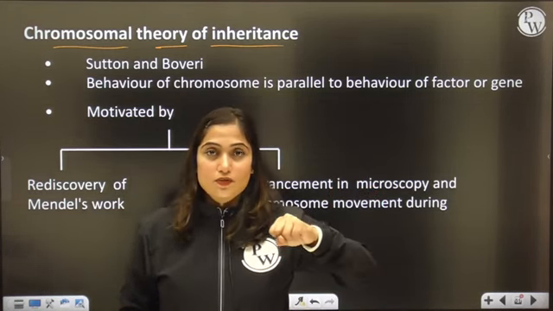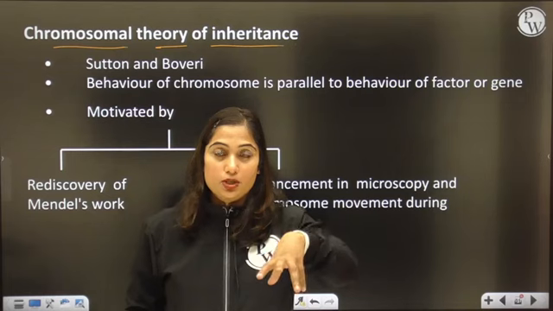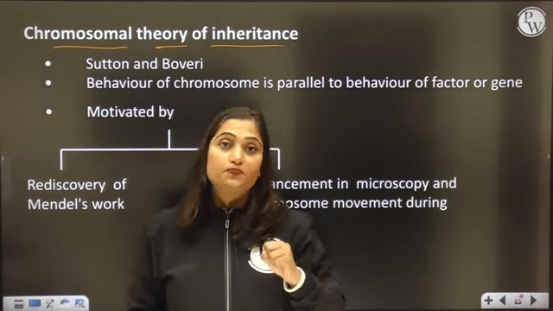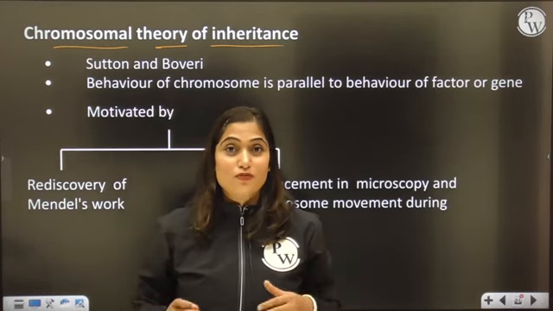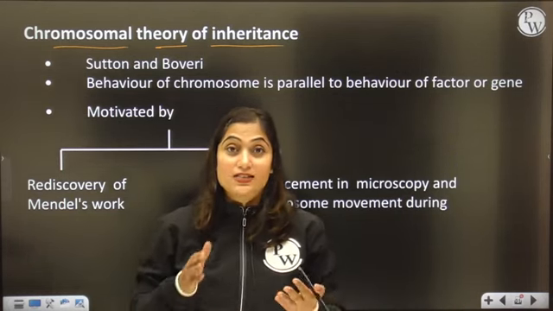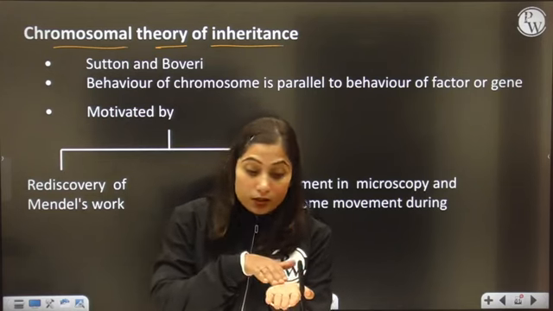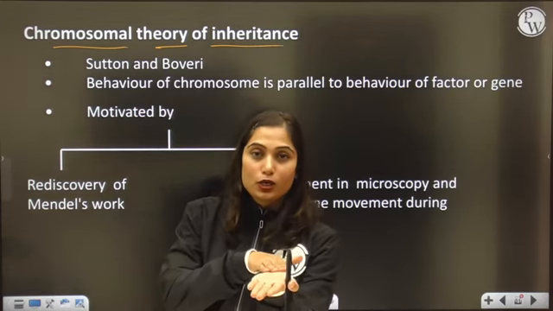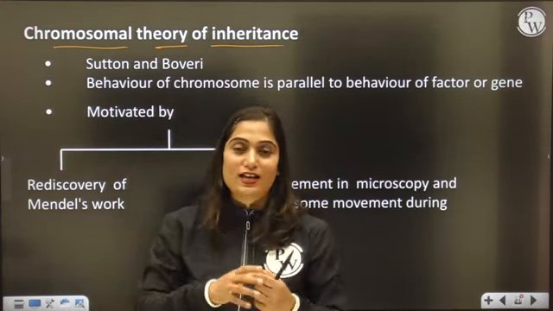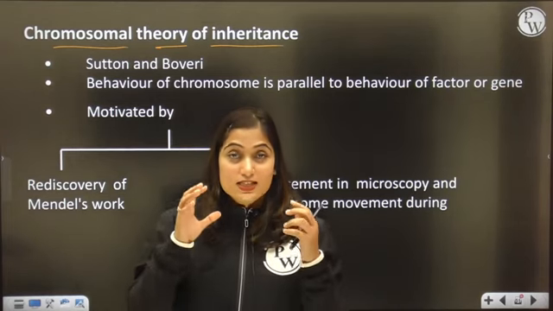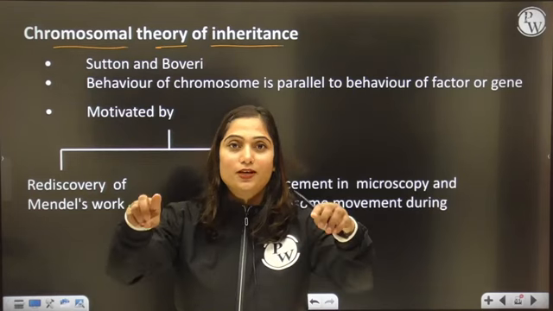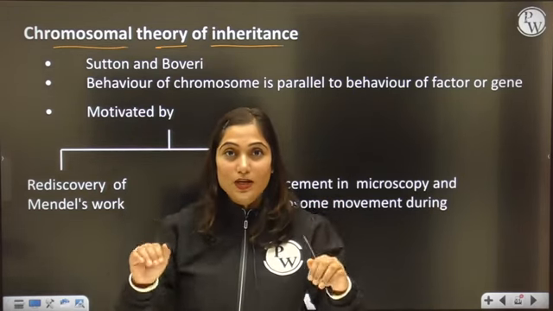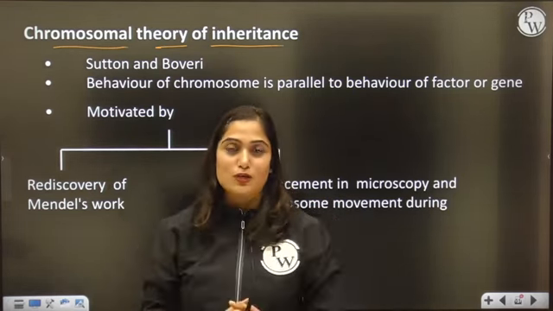So laws of inheritance were there in the picture, and with the help of the electron microscope, we studied the dividing cell in which meiosis was occurring, and the movement of chromosomes during meiosis.